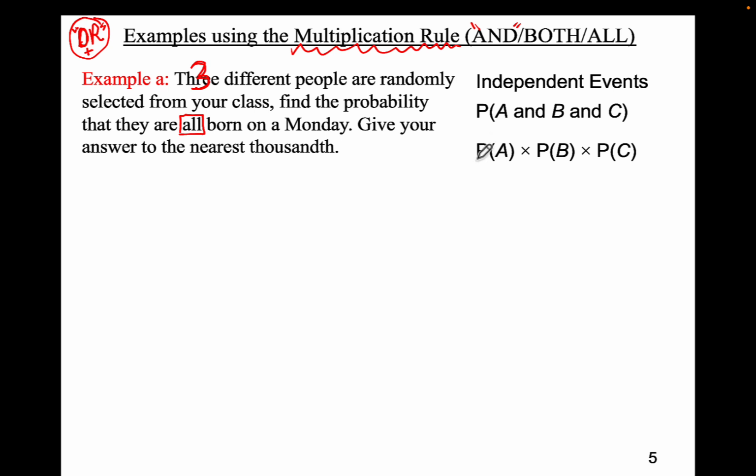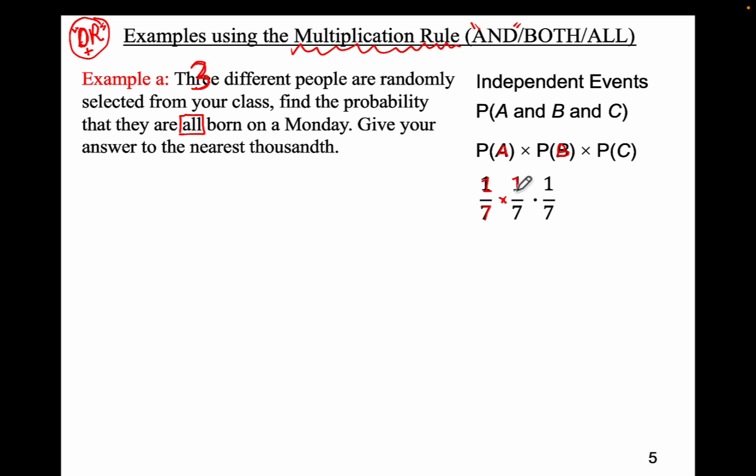The probability that, and this A right here represents a person is born on a Monday. Well, there's a 1 out of 7 probability that the first person we talk to is born on a Monday, because there's 1 Monday out of 7 days in the week. Then the multiplication is here. This next 1/7 comes from here, the probability that a person is born on a Monday.